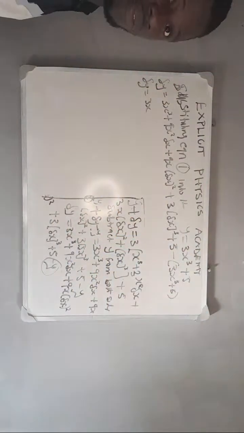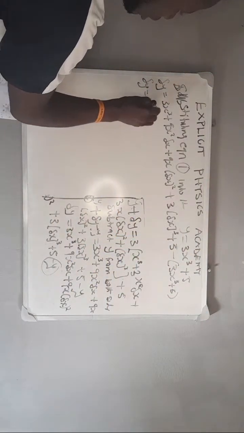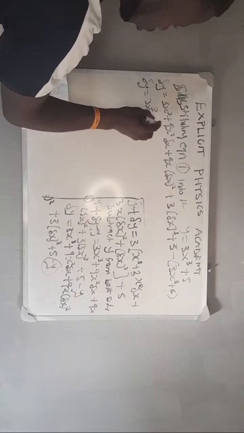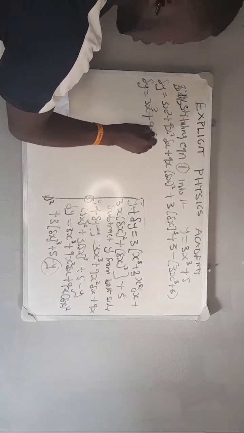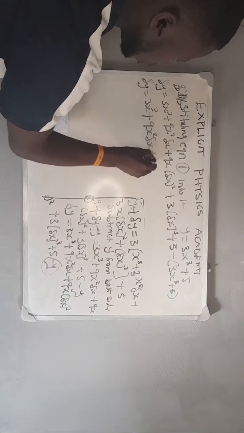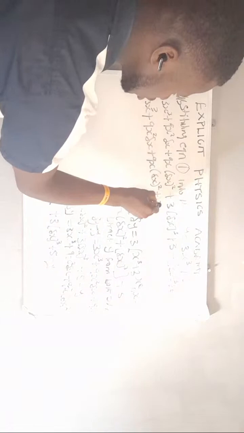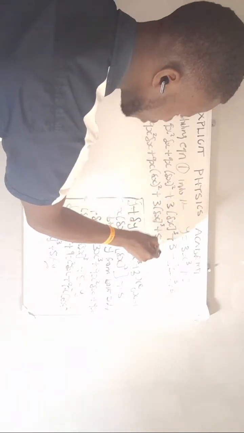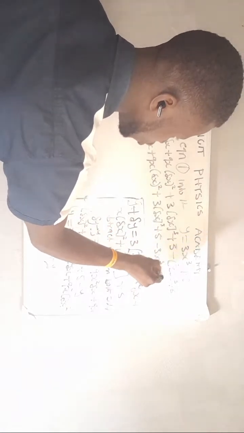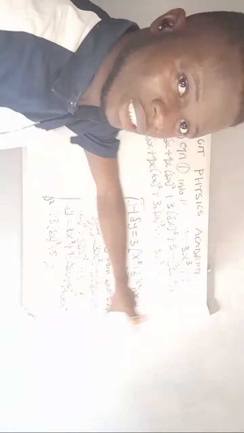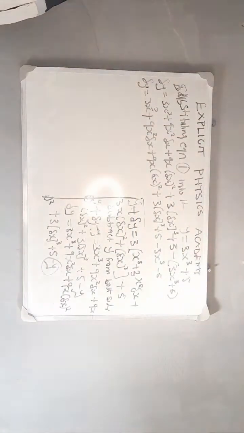So we are going to have 3x cubed plus 9x squared del x plus 9x del x squared plus 3 del x cubed plus 5 minus 3x cubed minus 5. As I told you earlier, the minus will affect whatever is in the bracket. So having said that, this cancels here.